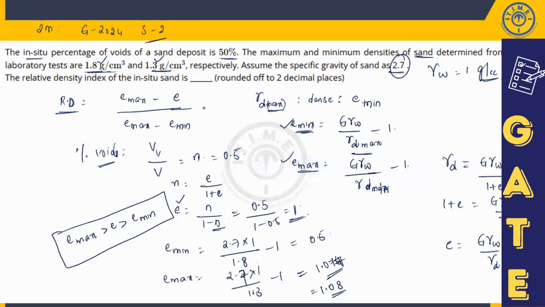So, substituting all these values here, 1.08 minus 1 by 1.08 minus e minimum, which is 0.5. How much is the answer? What is the answer, my dear students?